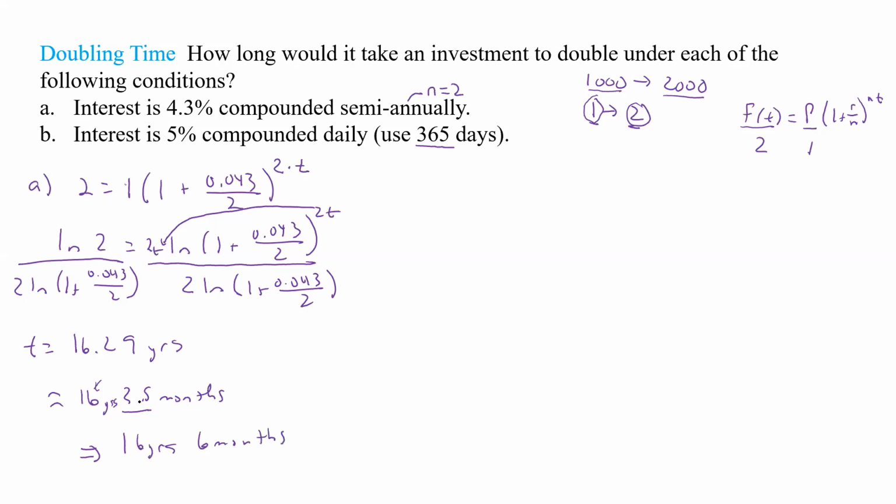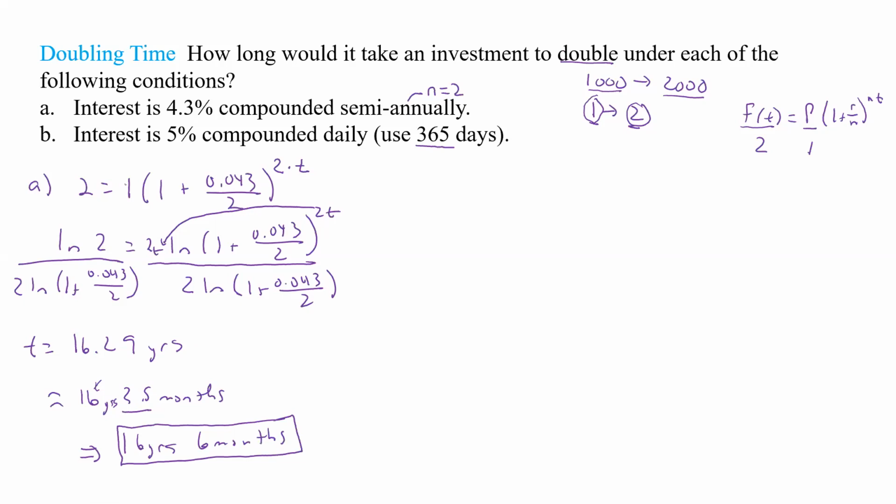We would hit it at 3.5 months if we were compounding more often, but we're compounding only twice a year. So we have to hit that second compounding to get the interest that makes it double. If we're at only 16 years, we won't have enough to hit that doubling. So we actually have to go to 16 years, 6 months.